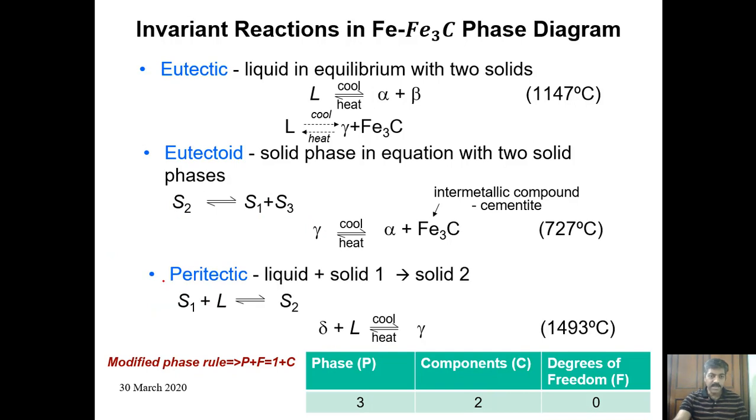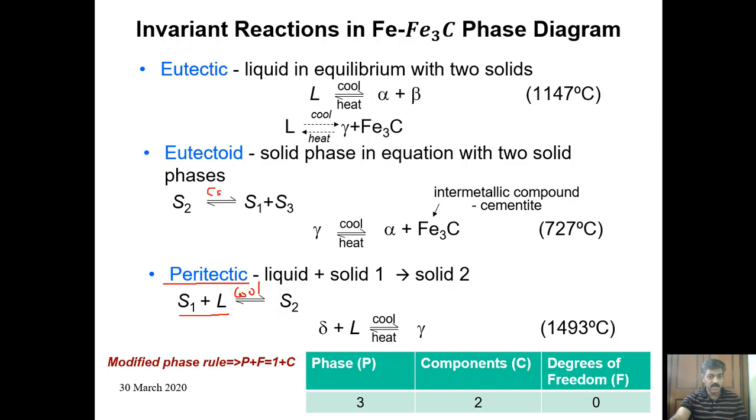Now another one, which is the peritectic. The peritectic reaction is another invariant reaction where one solid and liquid will be converted into another solid. If you cool it, it will be converted into S2, and if you heat it, it will go in the opposite direction.